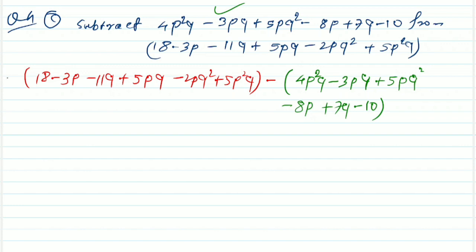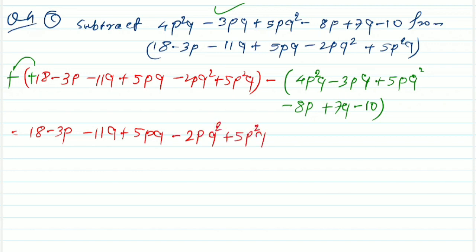Okay, so now there is positive sign in front of the first bracket, so I am not going to change the sign of any term. So all the terms will remain as they are. So it will be 18 minus 3p minus 11q plus 5pq. Then it becomes minus 2pq square plus 5p square q.